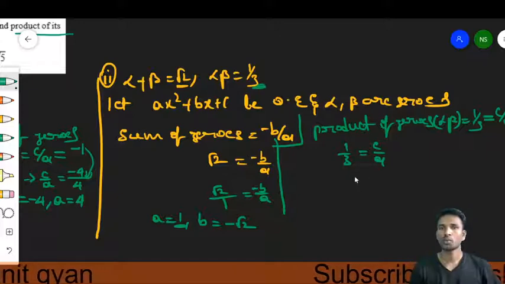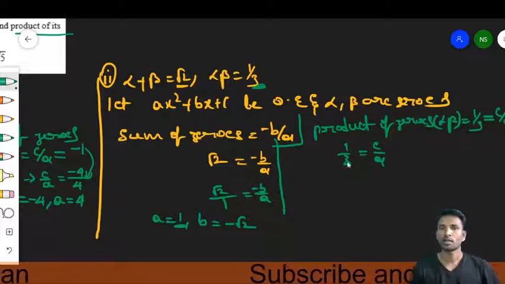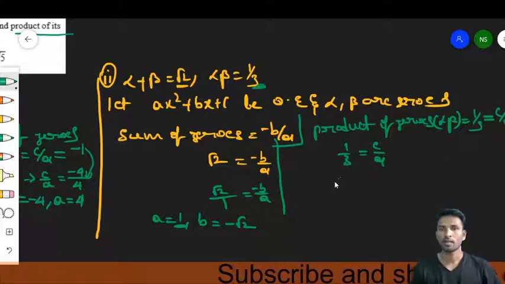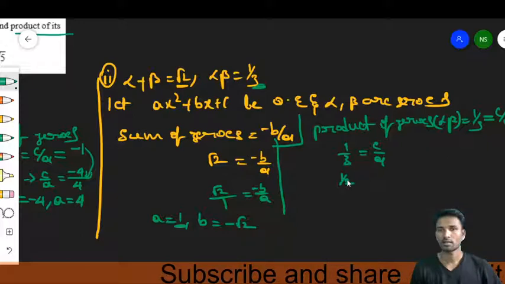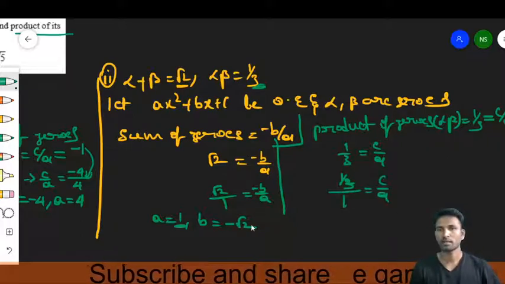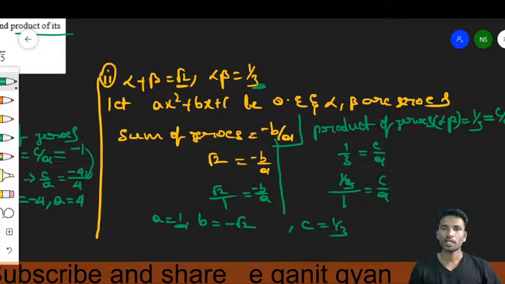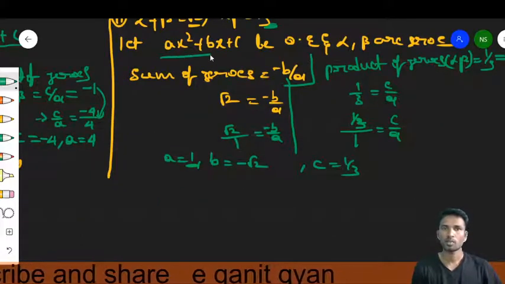So what I should do here, I should change this one a little bit. I will change this one like this. This numerator I will write as 1/3 divided by 1, c by a. So we can get a value as 1 and c value 1/3. Now we can write the equation very easily, ax square plus bx plus c.